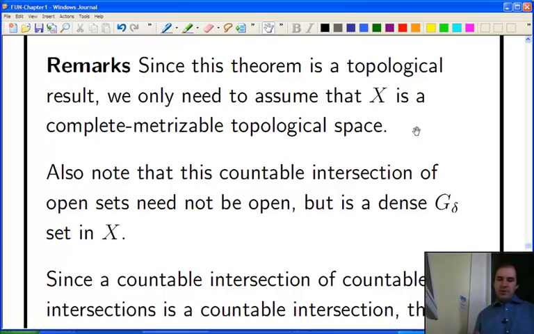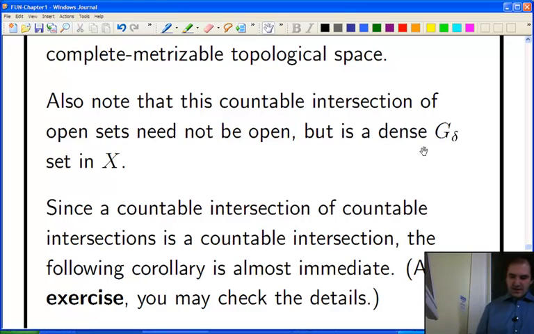So I mentioned this before. We did this topologically, because we used a topological definition of dense, we didn't use a metric definition of dense. That all works as a topological space result for complete metrizable topological spaces. And I told you what a G delta set was, that it's a countable intersection of open sets.